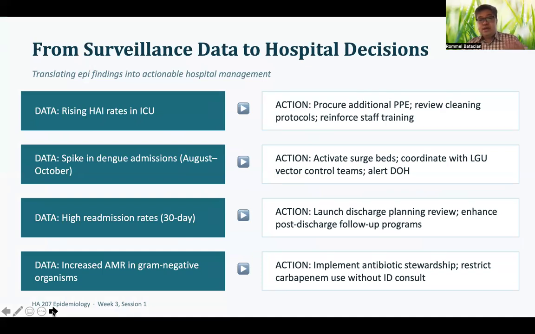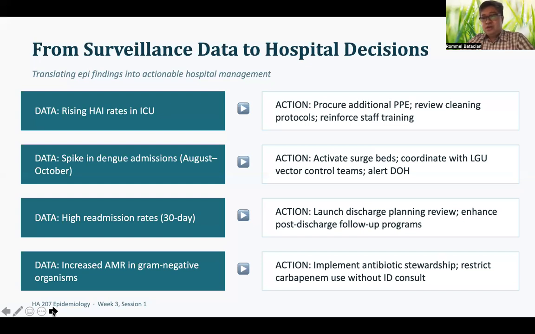So these are some examples of how surveillance data translates to hospital management decisions. The first one: what if there are increasing hospital-acquired infection rates in the ICU? The action is not to hire a new infection control nurse and hope.